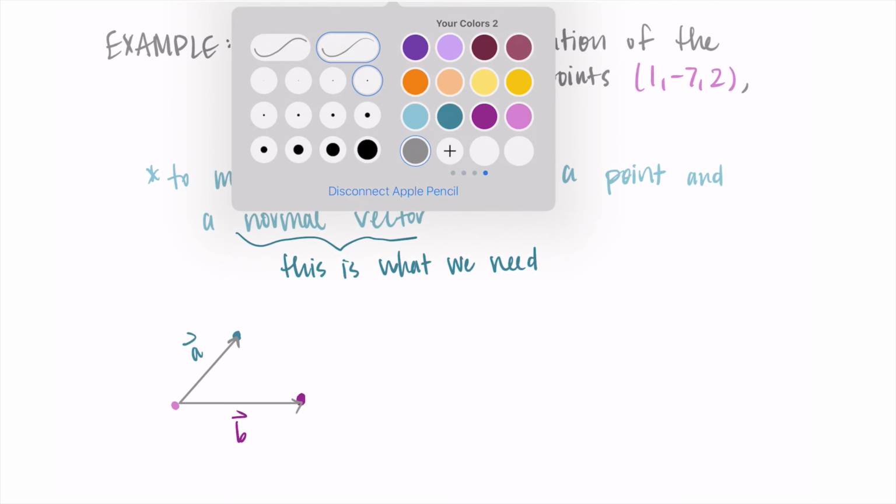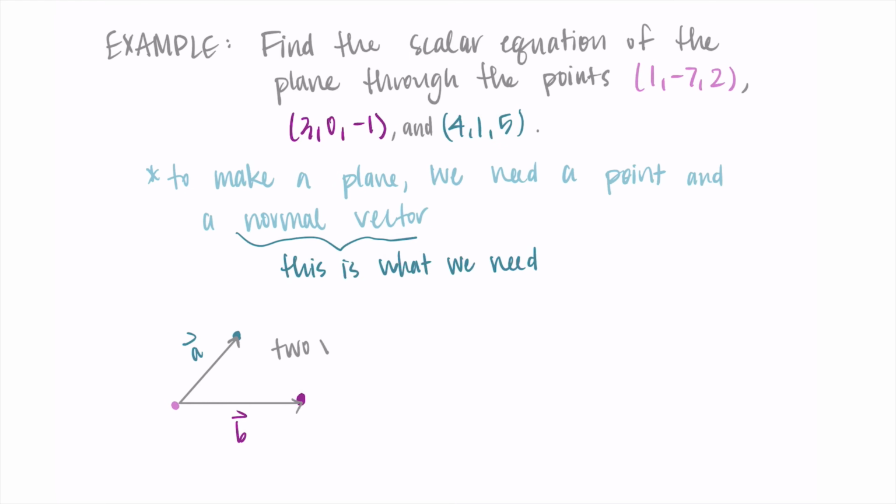So we now made these 2 vectors in the plane. And what we're going to do is find a normal vector based on these. So we could put a vector going up. It makes a right angle with these 2 vectors. And this is something we learned recently, so we can come up with a normal vector by taking the cross product. So the normal vector is the cross product.